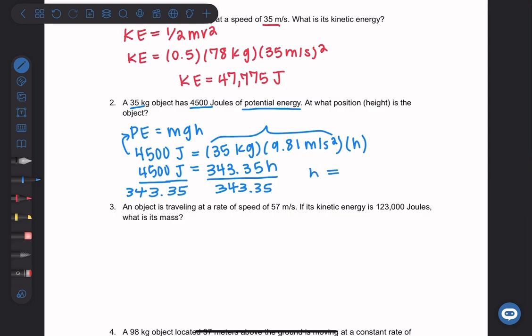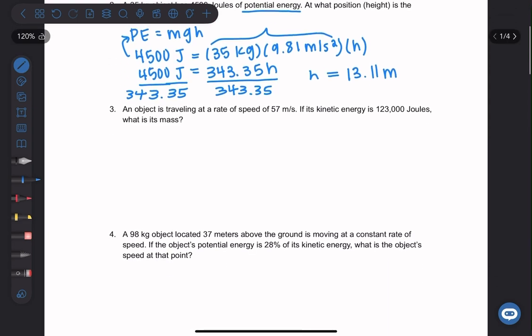And that should be your height. So 4,500 divided by 343.35, and your height should be around 13.11 meters.